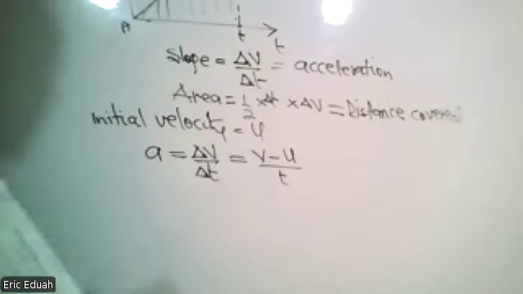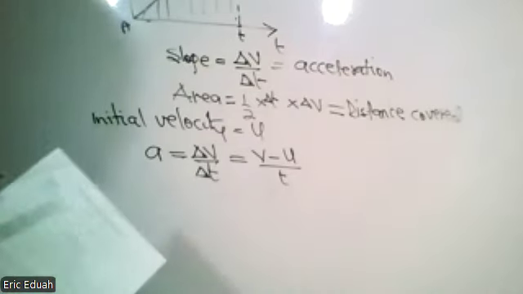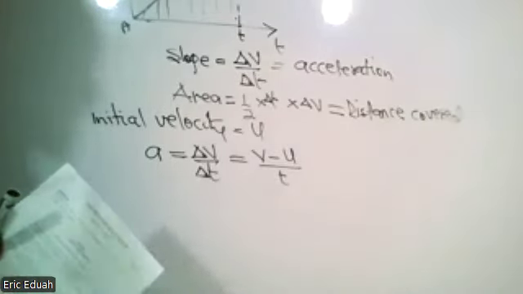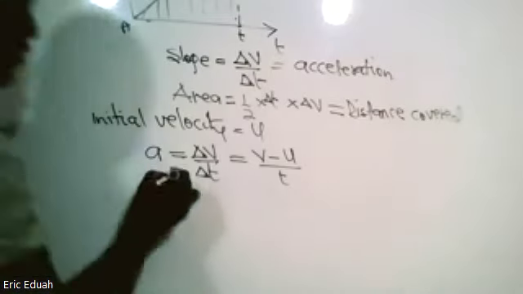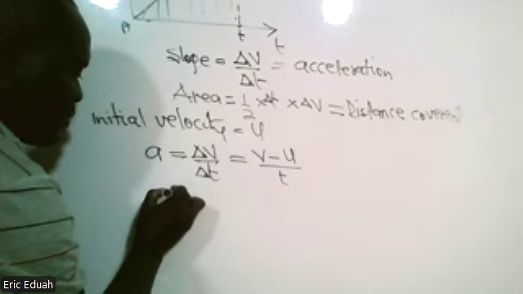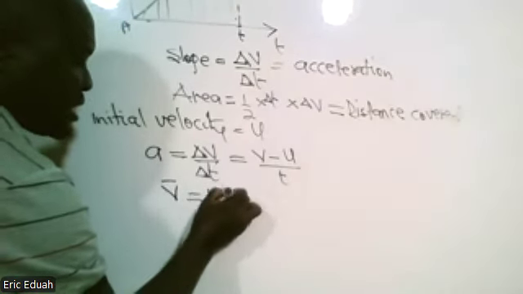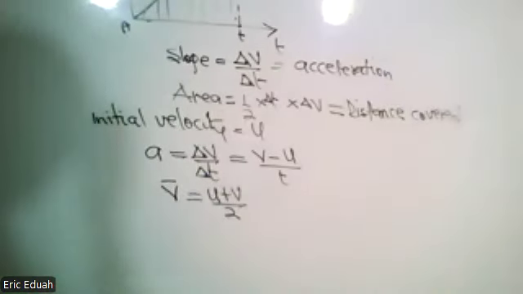Then when a body accelerates with an initial velocity u, final velocity v, within a time interval t, having covered a distance s, then the average velocity, v bar, can also be u plus v over 2.